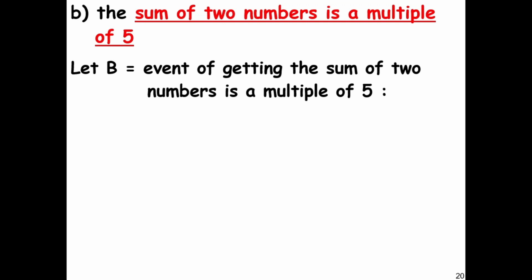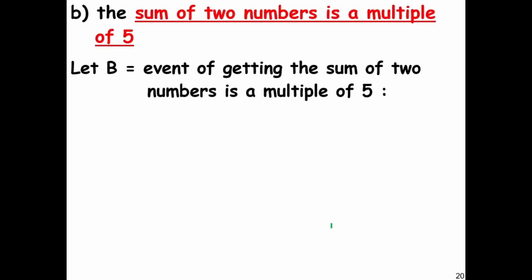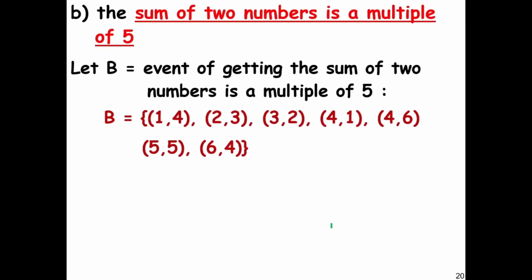Now, let's look back at the contingency table and find out which outcomes are the elements of event B. The outcomes of event B are (1,4), (3,3)... (2,4)... (1,4), (6,5), (5,6), and so on. Let's count the number of outcomes in event B: 1, 2, 3, 4, 5, 6, 7. Therefore, N of B is 7.